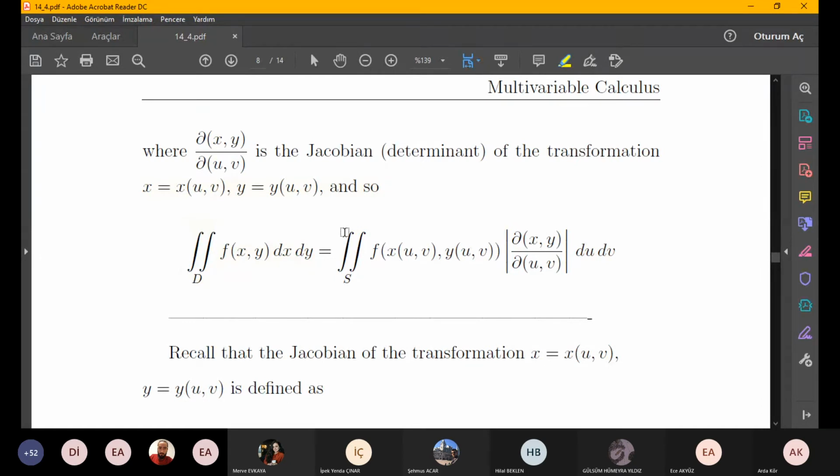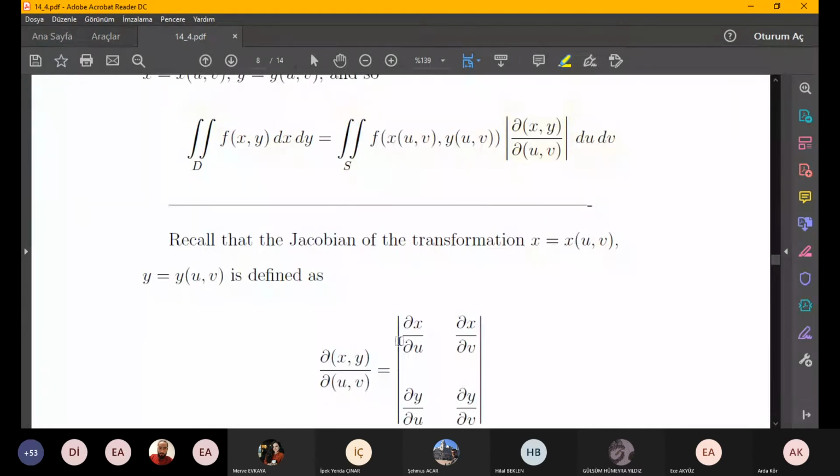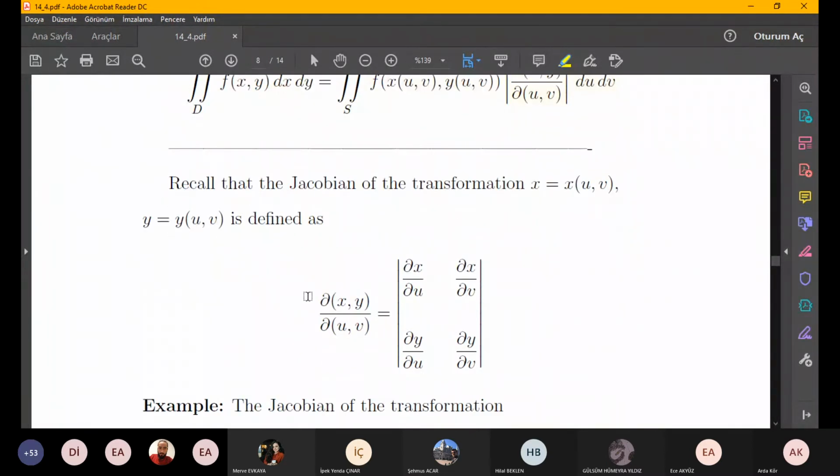And instead of dA, or instead of dx times dy, you have to write the absolute value of the Jacobian determinant of the transformation times du times dv.